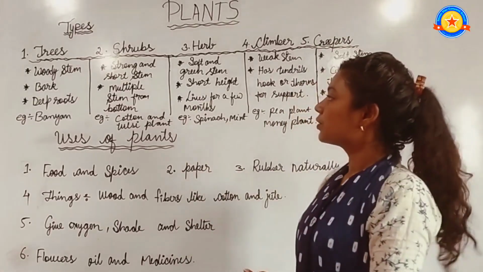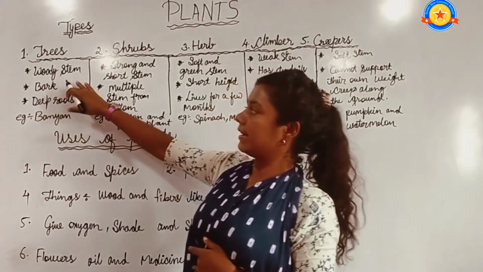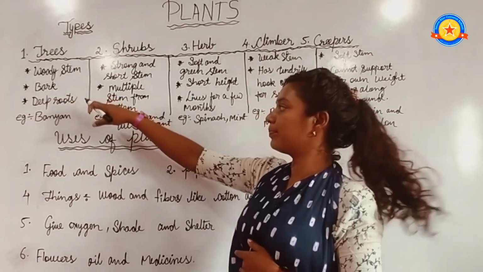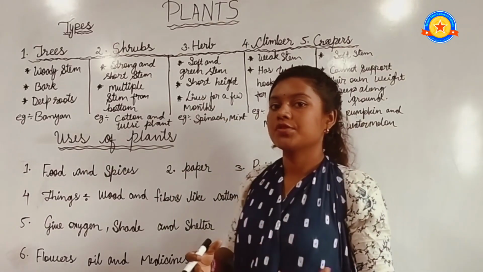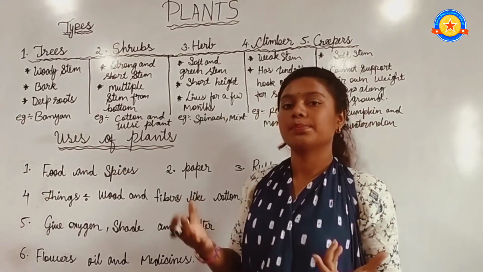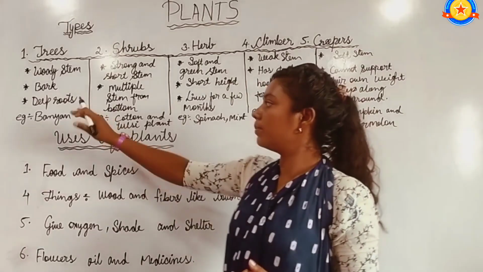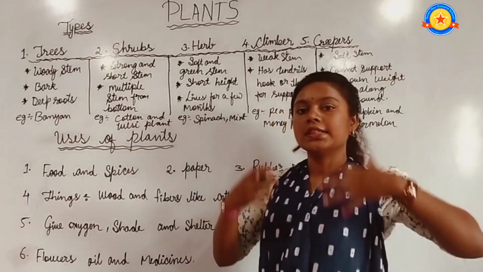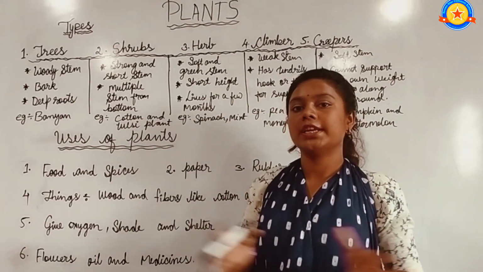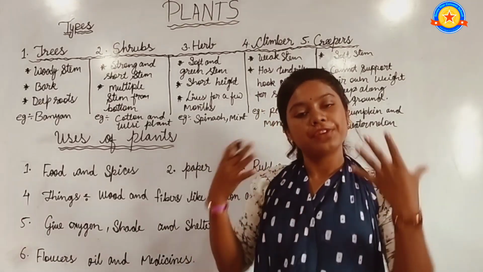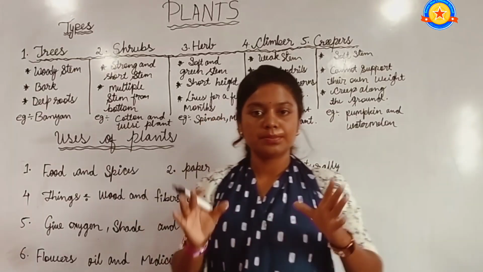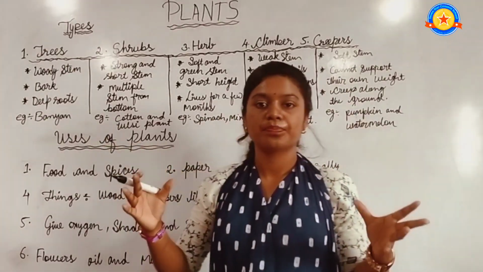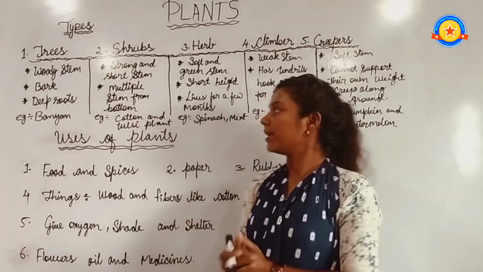Trees have a woody stem and bark, which means the outer part of the trunk of a tree is called bark. And they have deep roots. The roots of a big tree go inside the soil and fix under the ground. An example of a tree is the banyan tree. It is a huge and big tree.